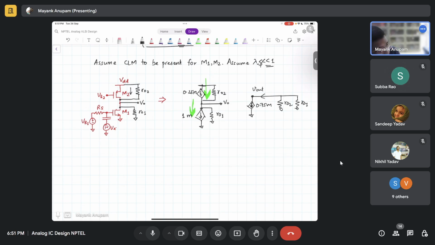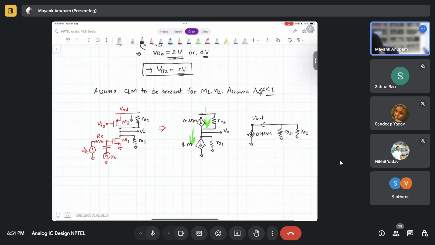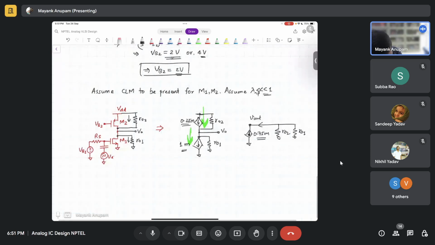Let me finish. The currents here are actually biasing currents, quiescent currents, correct? So the currents I've shown here, 0.75, 0.25, 1 milliampere, and this RO2 cannot be together. Please note it. This is not a correct way to draw; I've just drawn it for simplicity.